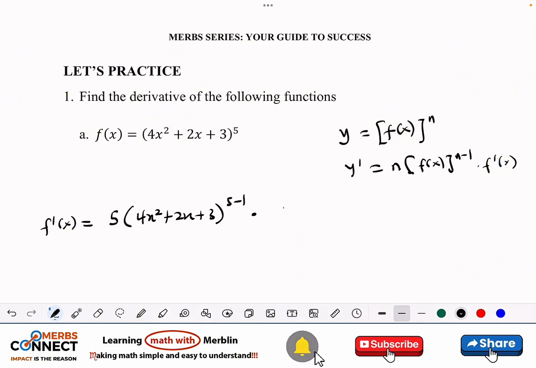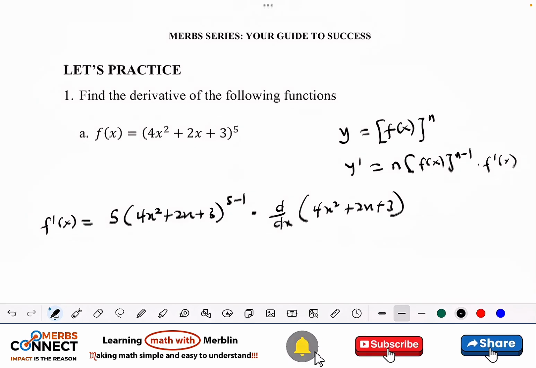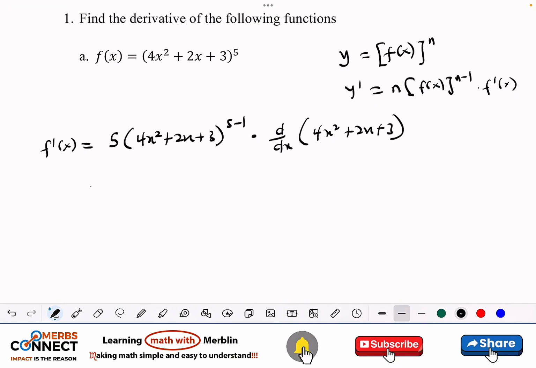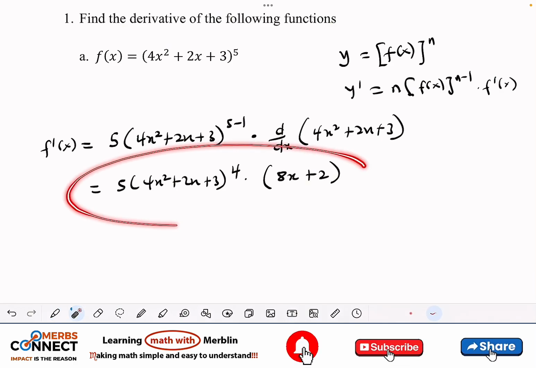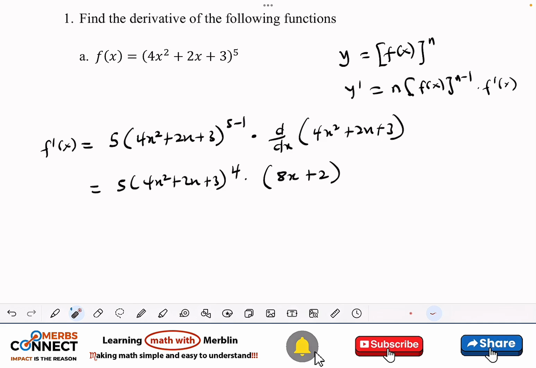So this one will be d over dx of 4x squared plus 2x plus 3. This is how the process will be. This is going to give us 4x squared plus 2x plus 3, and this one will be 4 times this. When I differentiate, I'm going to have 8x plus 2. So this will be the final result.